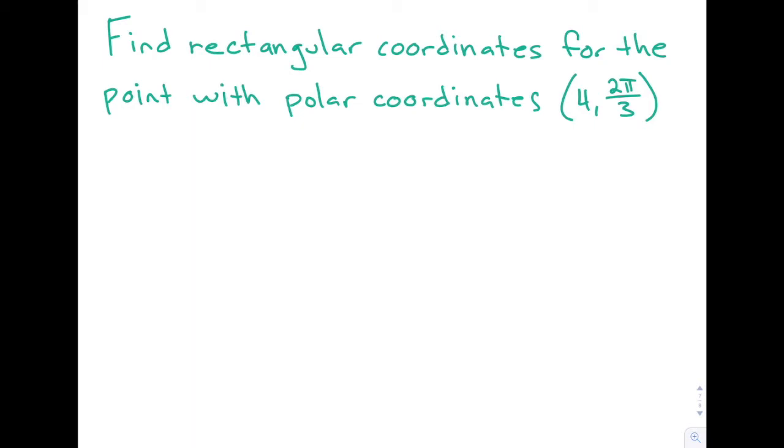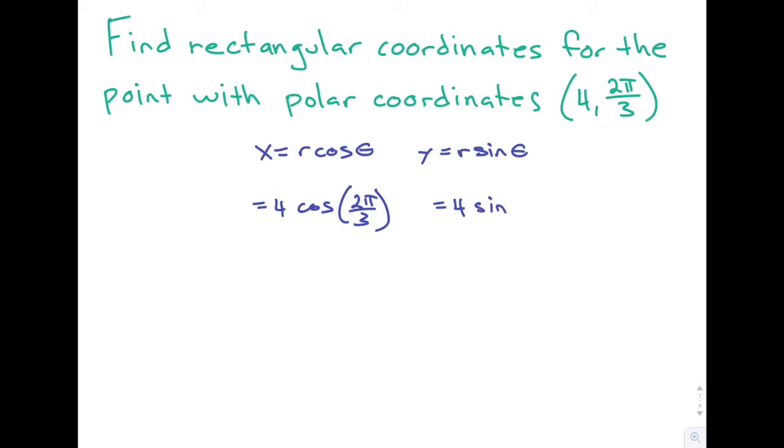So let's find rectangular coordinates for the point with polar coordinates 4, 2 pi over 3. So remember, we need to use x equals r cosine theta and y equals r sine theta. So that would give us 4 cosine 2 pi over 3 and 4 sine 2 pi over 3.